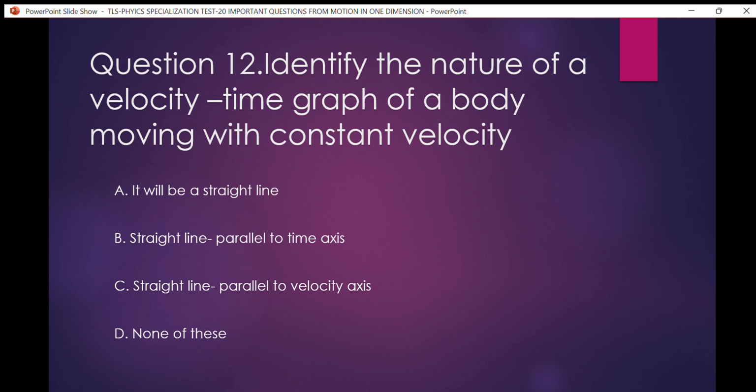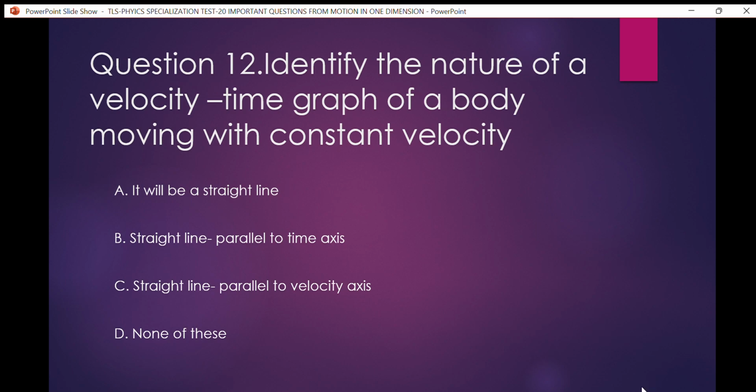Parallel to velocity axis, no. And it will be a straight line at an angle of 45 degrees, right? So it is not the perfect answer. So the perfect answer is straight line parallel to time axis. Okay, so that is the correct answer. So that is the nature of velocity time graph of a body moving with constant velocity.